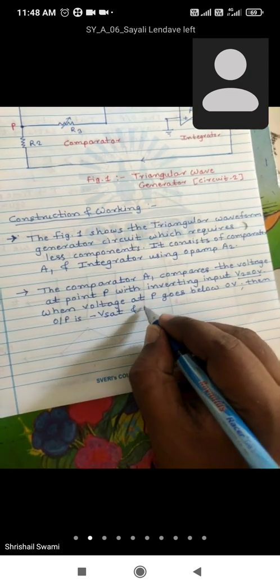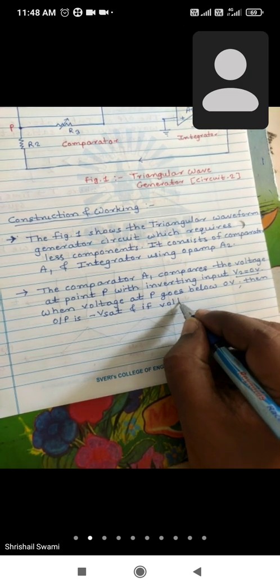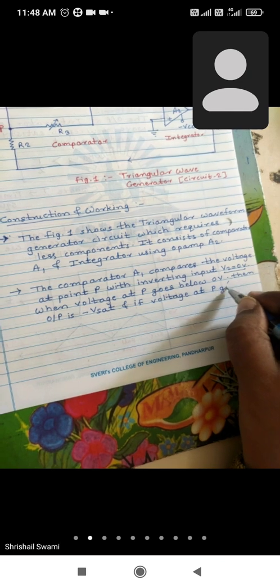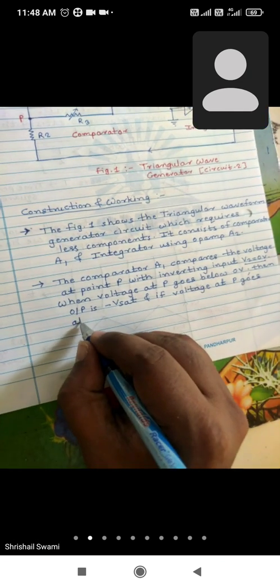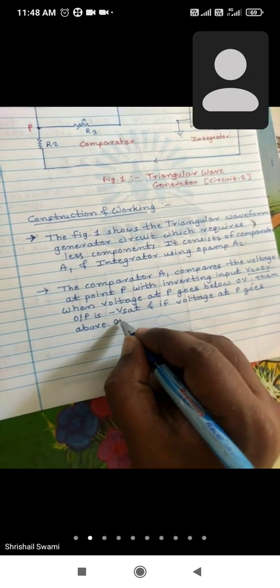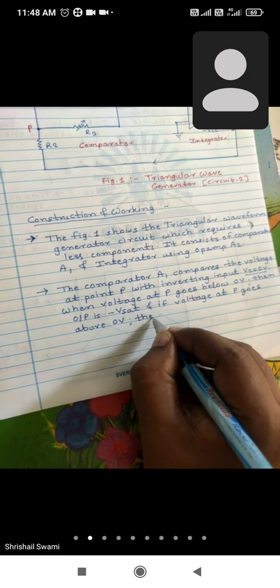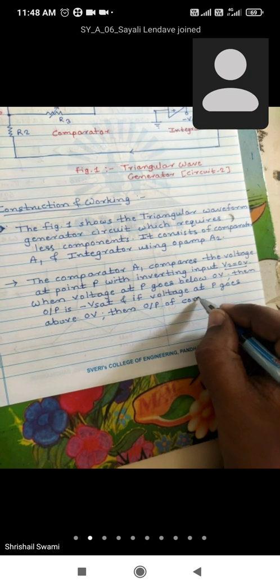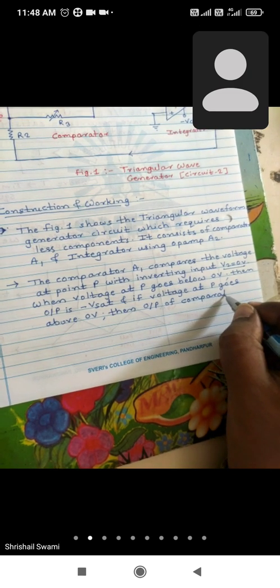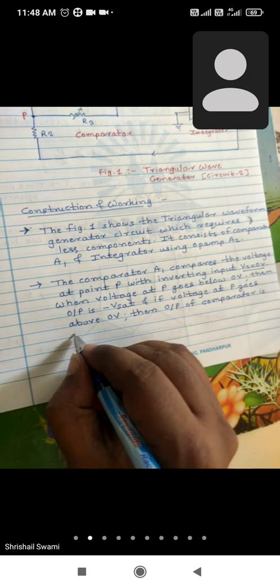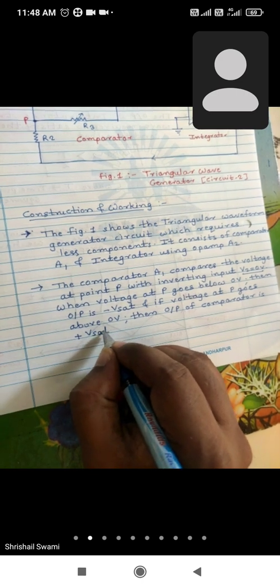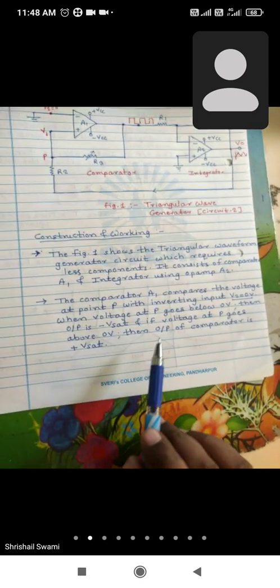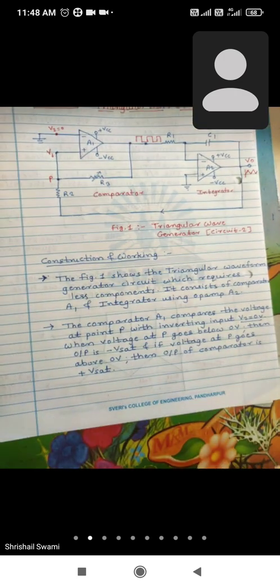And if the voltage at P goes above 0 volt, then the output of the comparator is plus Vset. So we have discussed the working of the comparator circuit.